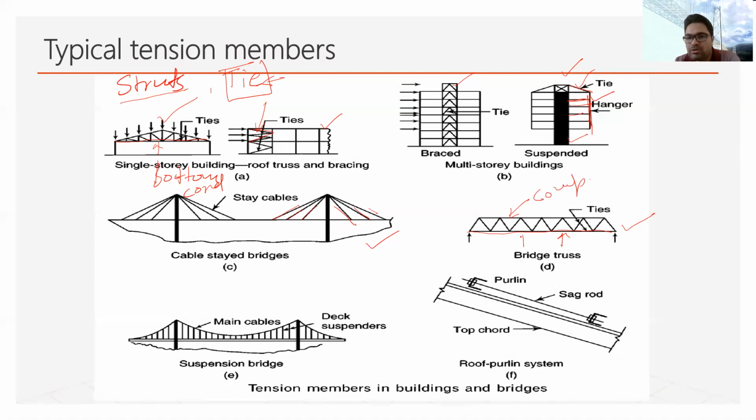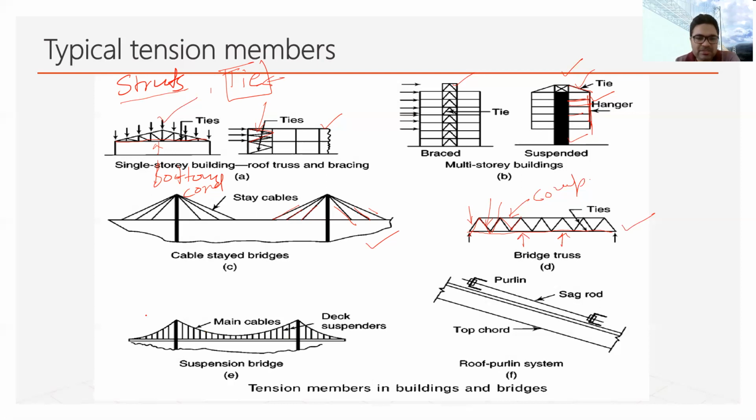So this bottom chord is very important when we design it as a tension member. Similarly, these inclined members are alternating between tension and compression. So if this one is in tension, then this one will be in compression, and the next one will be in tension.